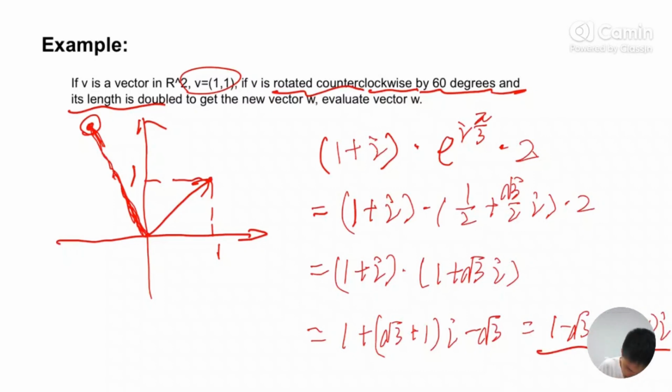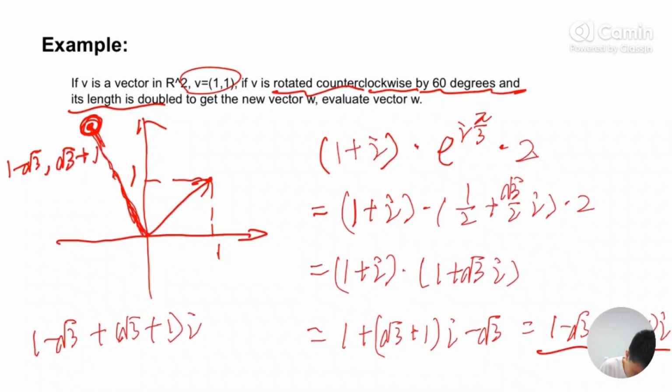I write it here. As you can see, this point is (1 minus square root 3, square root 3 plus 1). And that's our vector w.